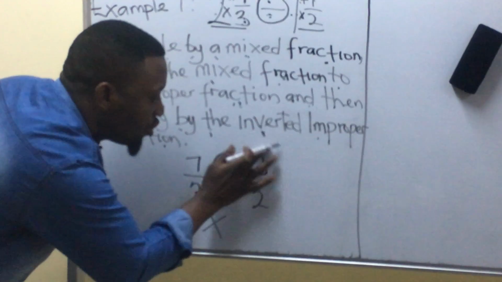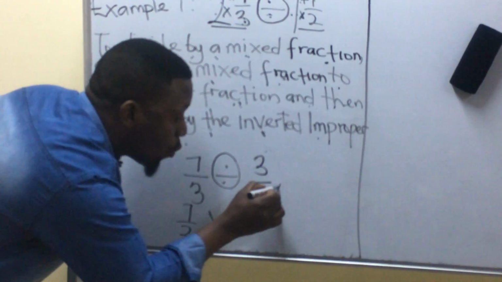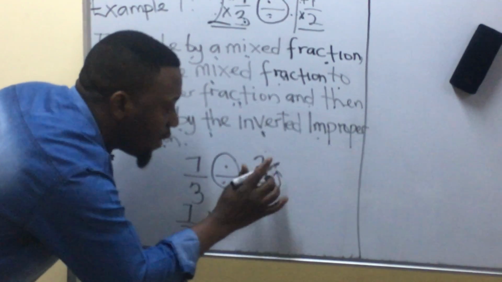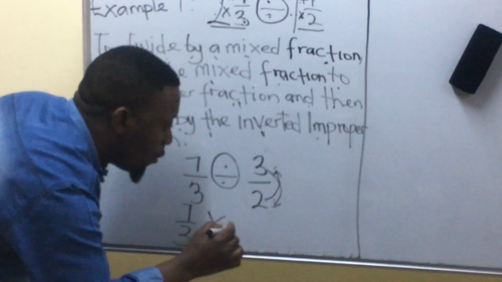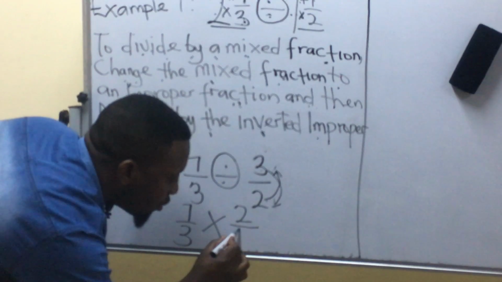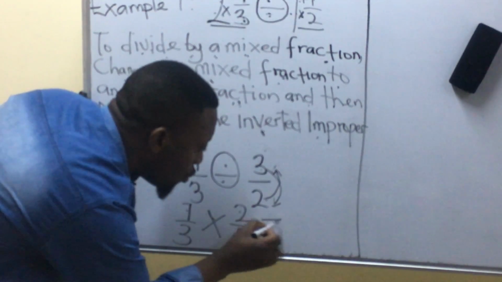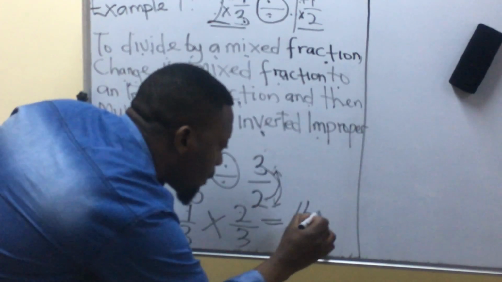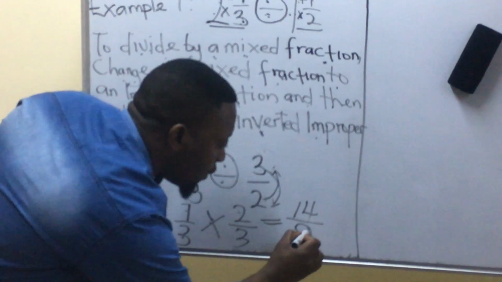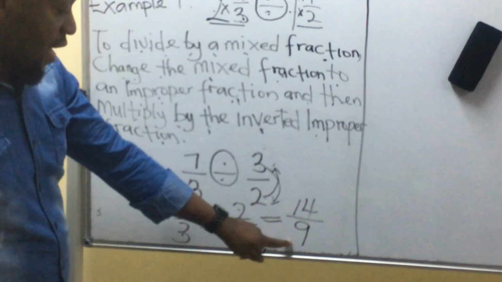It will also change by saying this denominator 2 will move up, while the numerator will move down. Then we now have 2 all over, this numerator will come down to be 3. Then we proceed by saying 7 times 2 to give us 14. 3 times 3 to give us 9. Now we have 14 all over 9.